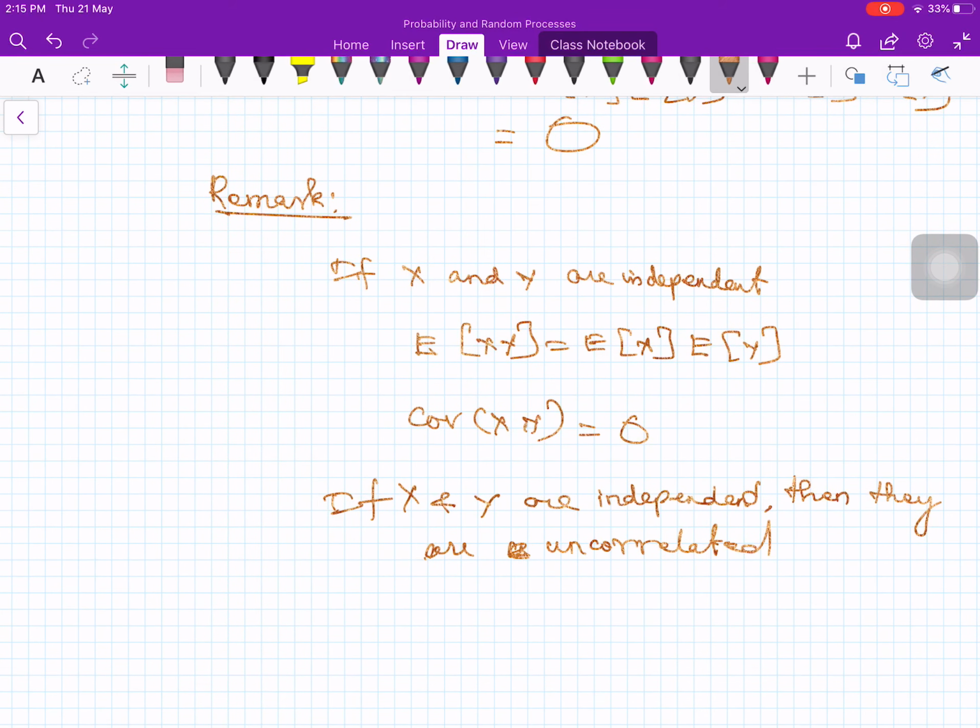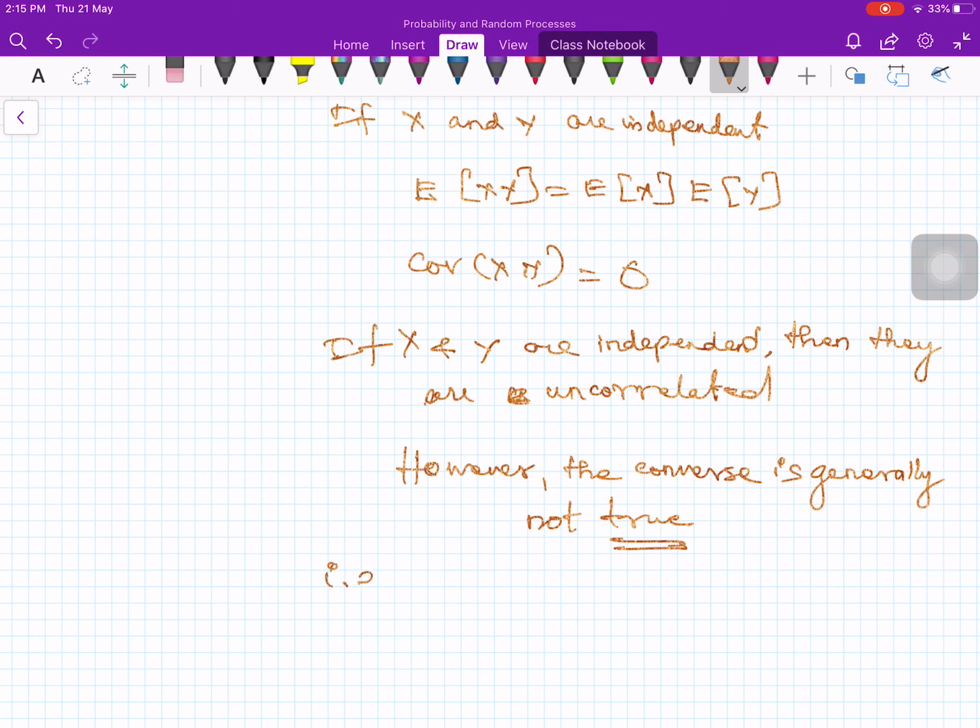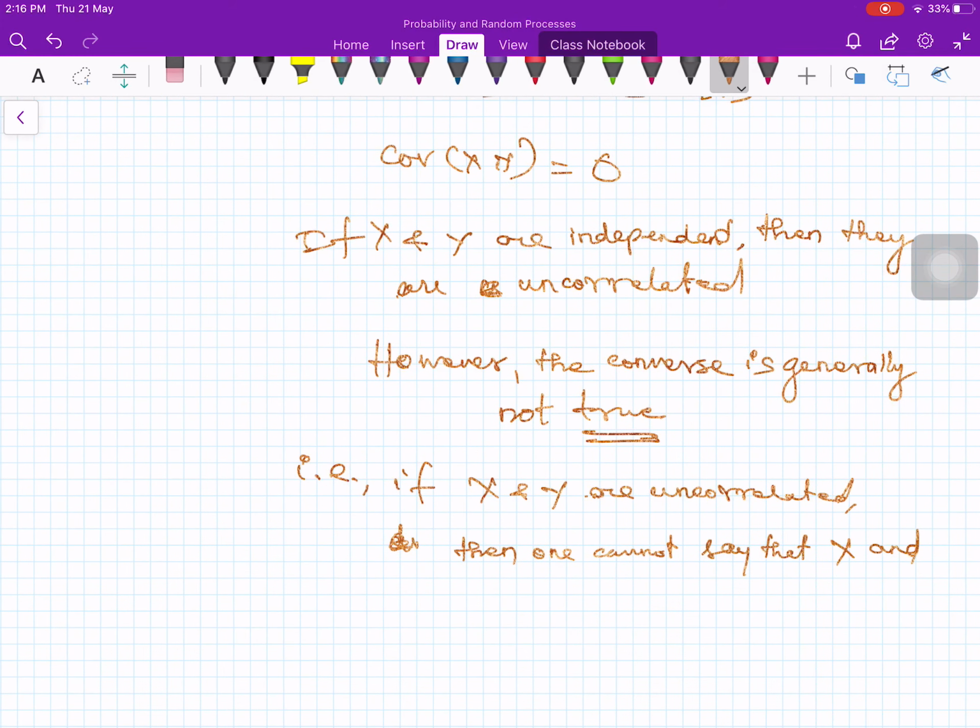However, the converse is generally not true. That means if two random variables are uncorrelated, then you cannot say that x and y are independent. That's it.